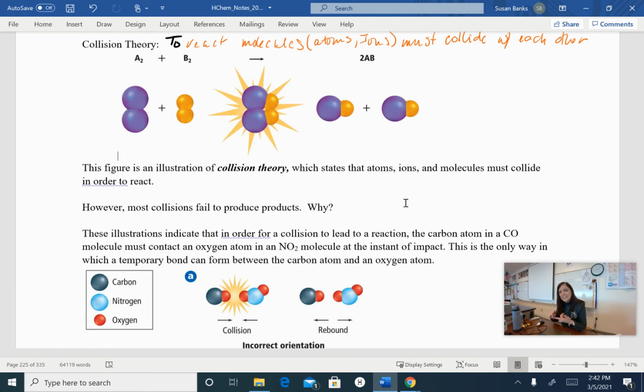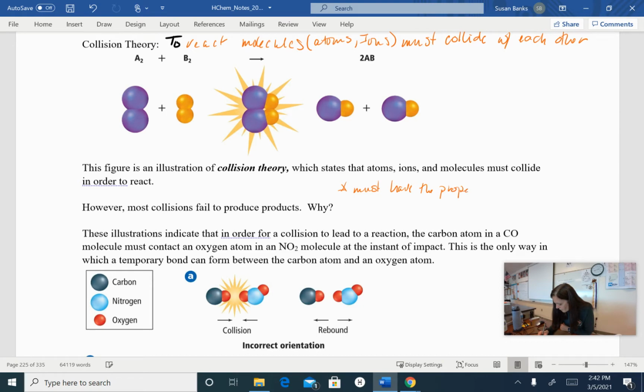So we need to hit the right spot, okay? So we must have the proper orientation. It means that the molecules must be oriented so that they hit on the right spot of each other to actually react.